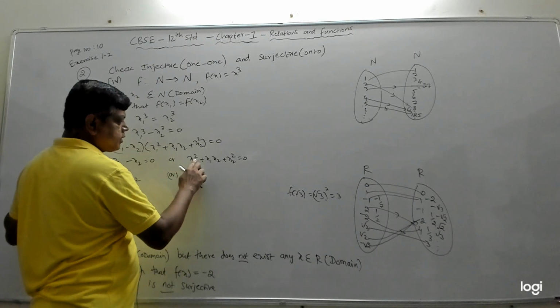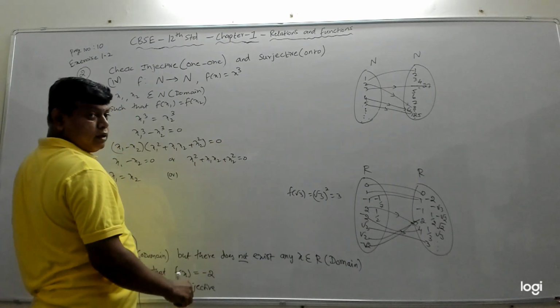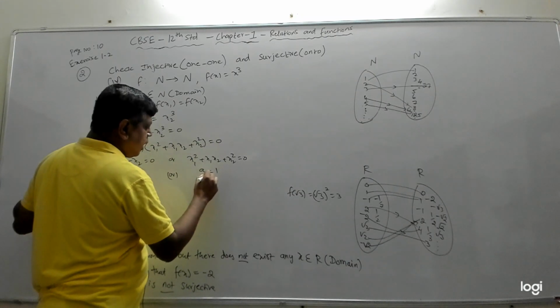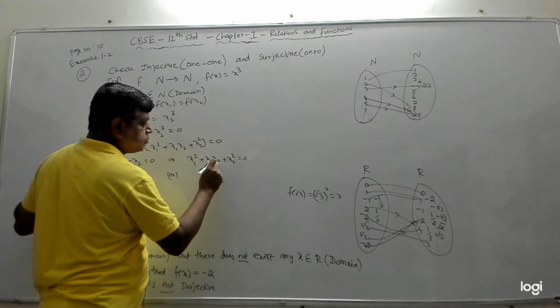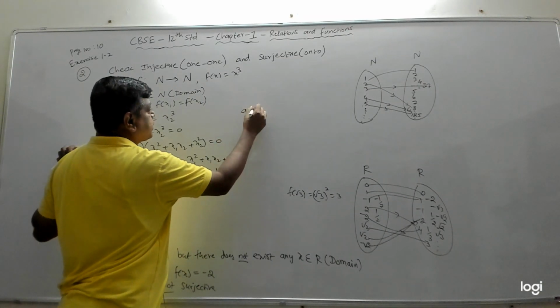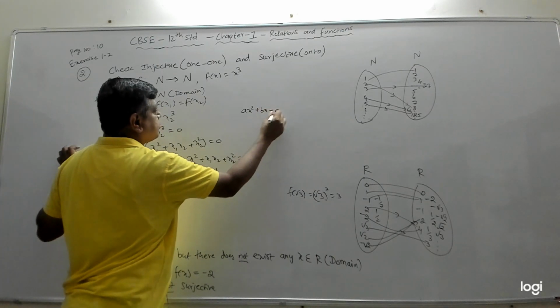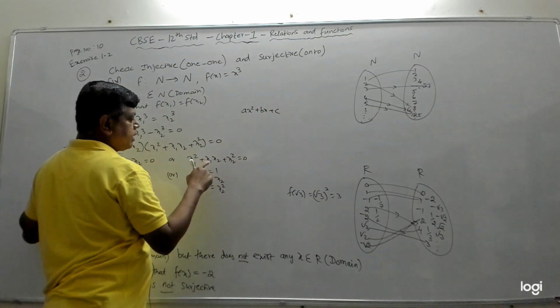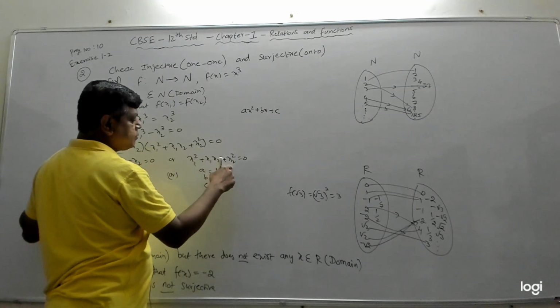Suppose we take this as a quadratic equation in x1, our a will be the coefficient of x1 square, which is 1. Our b will be x2. Our c will be x2 square. If you compare this with our quadratic equation, ax square plus bx plus c, here you take your x as x1. So in the place of b you have x2, in the place of c you have x2 square.